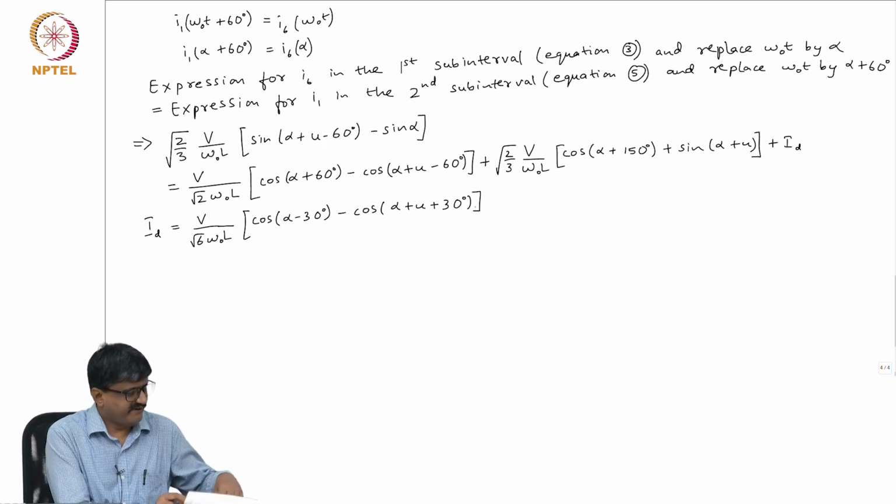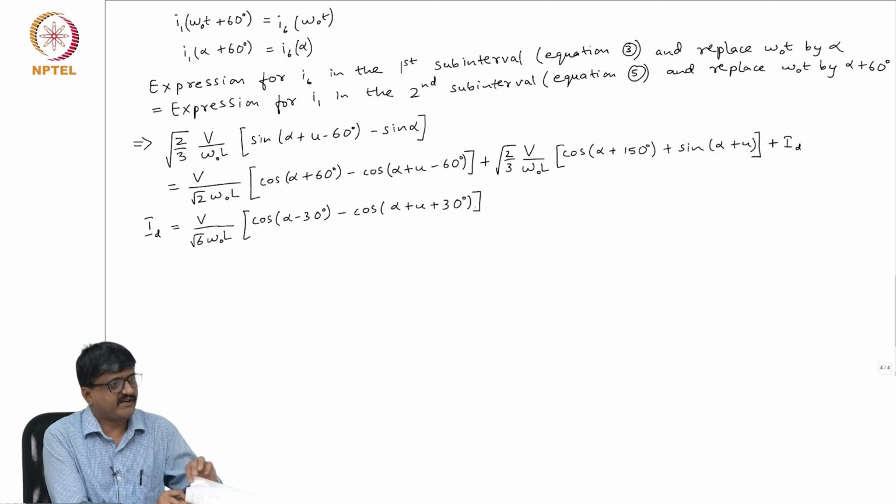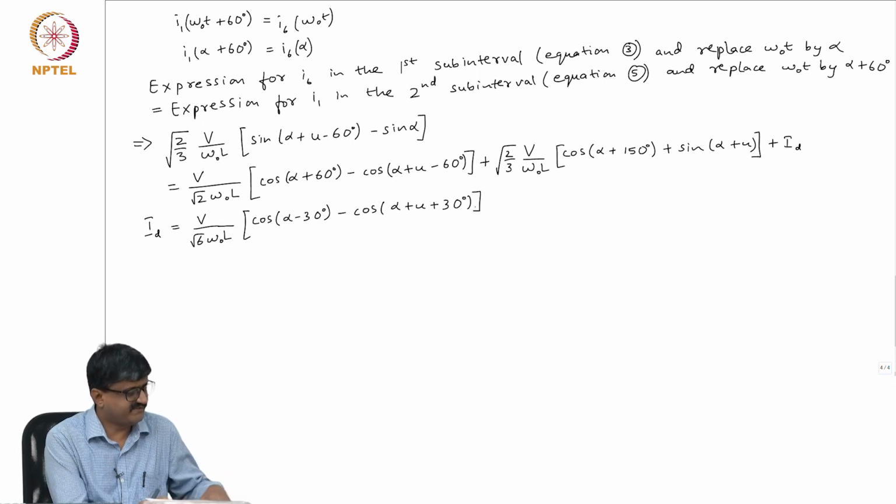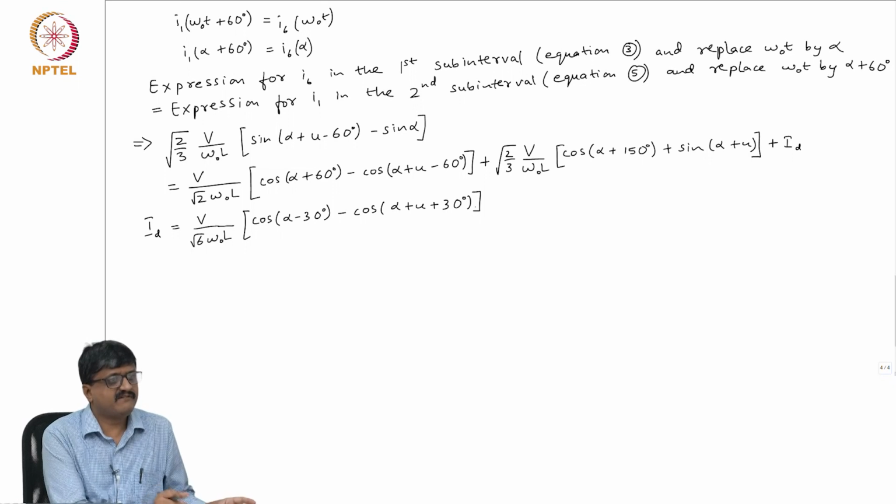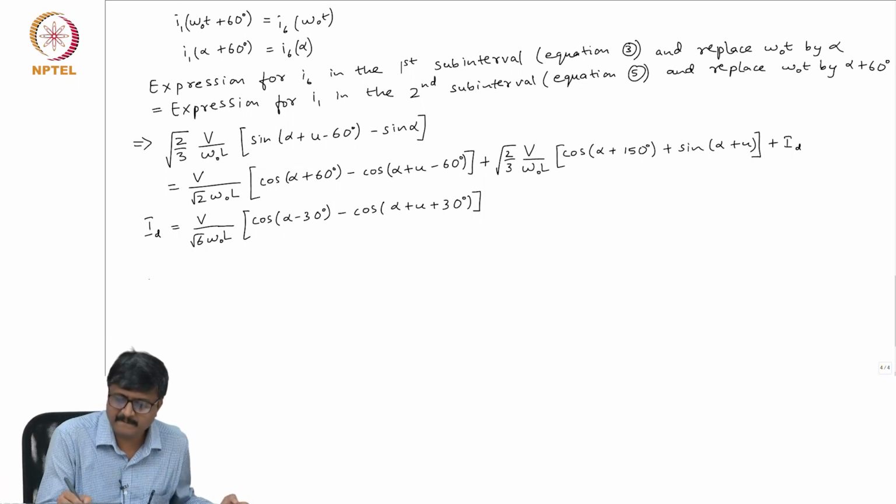Now, if you recall, we defined a quantity called short circuit current, and the peak value of short circuit current is IS. So, IS, the peak value of short circuit current, is root 2 V by 2 omega OL.